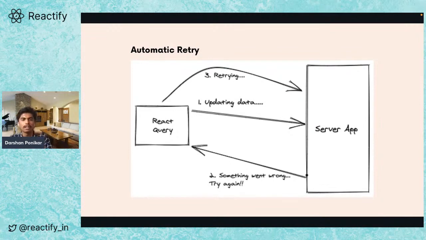Instead, React Query provides you a property called retry. This will refetch your data a given number of times. If you are retrying 3 times, React Query will try to fetch this data 3 times, and then it will show the final message that we failed to fetch your data.